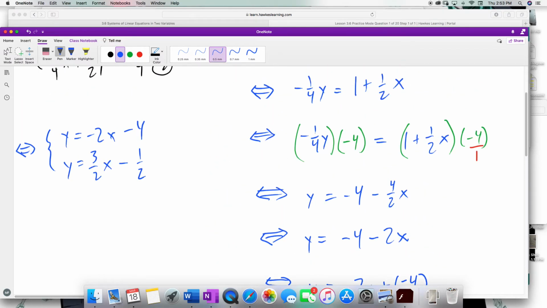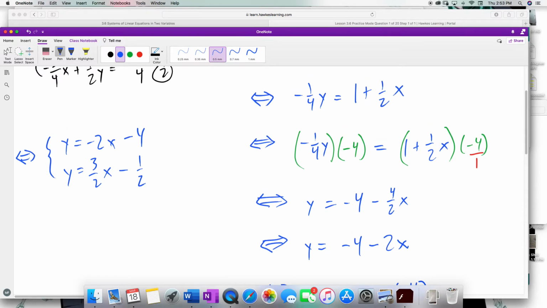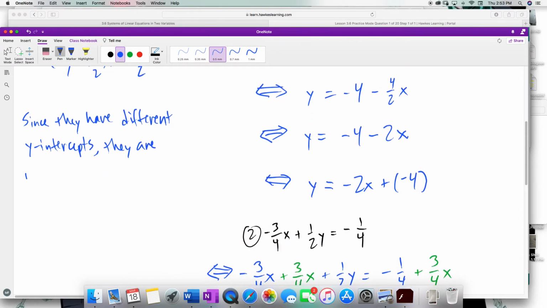Okay. So what this tells us is, first of all, they have different y-intercepts. So since they have different y-intercepts, they are not the same line.